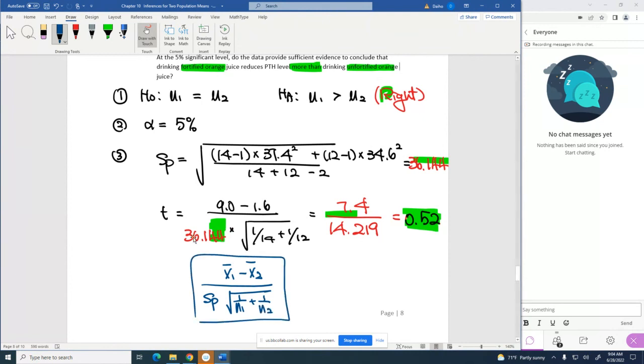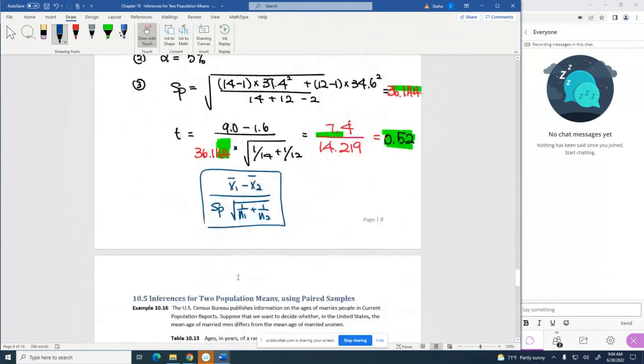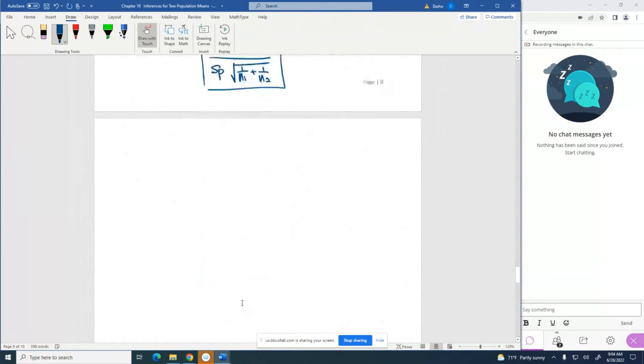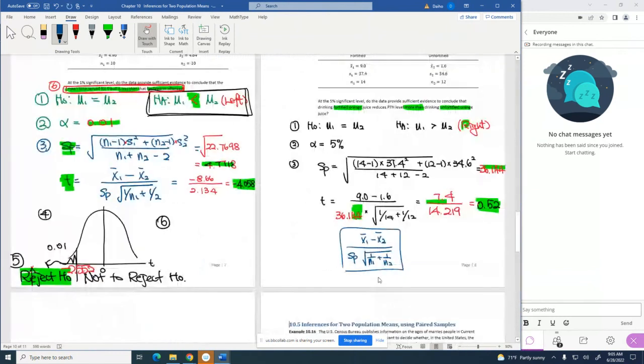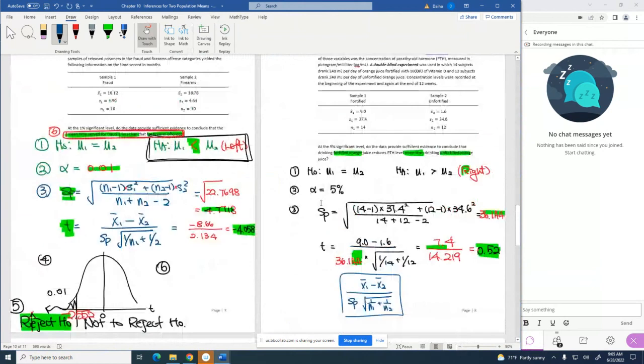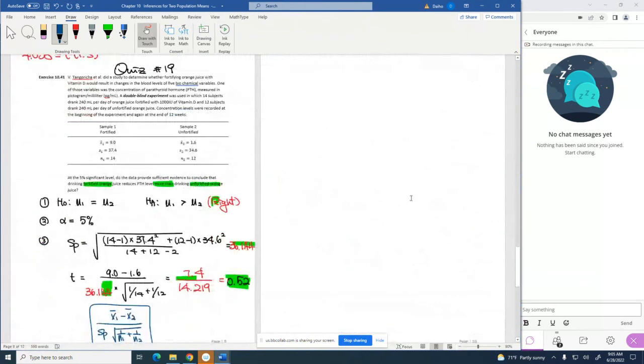Yeah. So what do we do with the number, 0.52? Now then, we have to make the decisions.